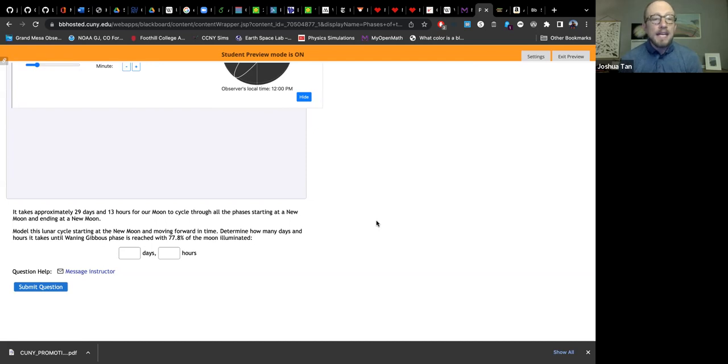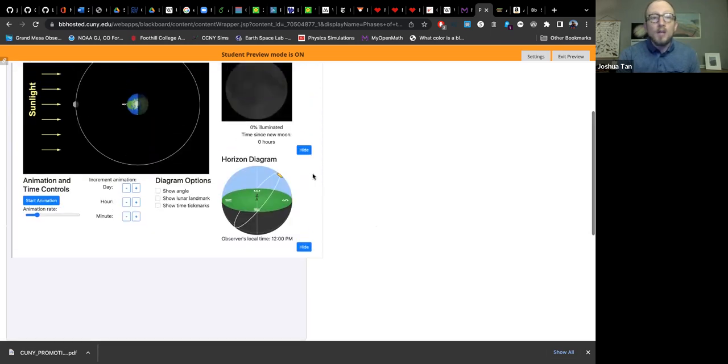The phase is waning gibbous, and the moon has to be 77.8% illuminated. There are a lot of different ways you can set up the experiment to answer this question. You could run an animation. You could increment the amount of time. I typically recommend to students to increment the amount of time rather than run the animation, but it's up to you. You can do it any way you want.